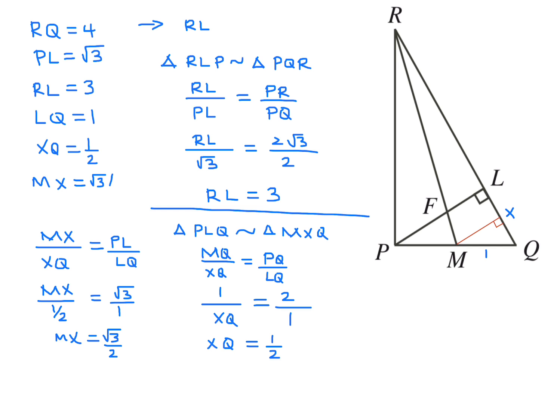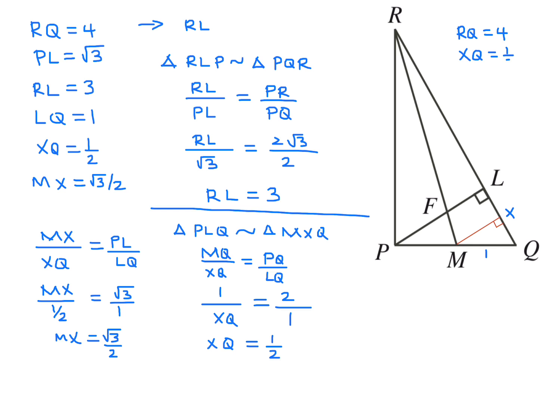We are continuing with our collection of data. And I think the only thing left at this point is just figuring out this distance right here, RX. RX, well, let's see. R to Q all the way down was 4, right? So RQ was 4. And then we just figured out that XQ is a half.